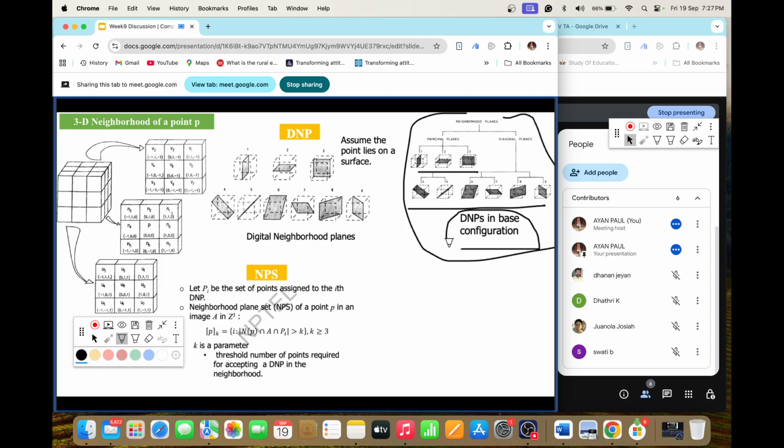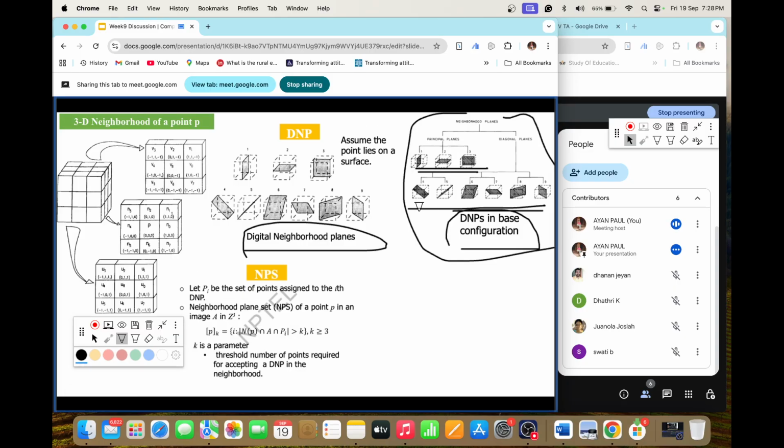Again, this is taken from some paper, so not very important, but questions can come from this, such as how many digital neighborhood planes are there. For that you have to write three principal planes and six diagonal planes for DNP. NPS also I have told you, with the threshold.